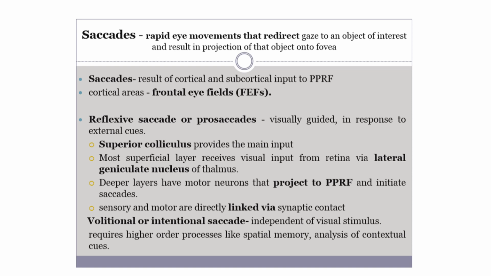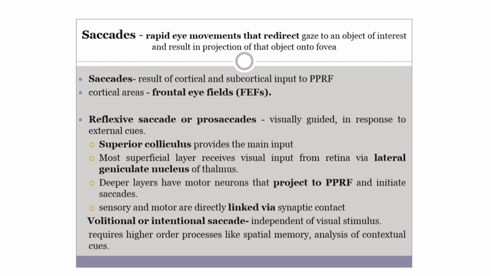Saccades result in cortical and subcortical input to that PPRF. We see the cortical areas are the frontal eye field, or Brodmann's 8. Reflexive saccades or prosaccades are visually guided in response to external cues. Superior colliculus provides the main input. So remember, superior colliculus is going to be the mastermind behind the visual reflex as well. Most superficial layer receives visual input from the retina via the lateral geniculate nucleus of the thalamus.